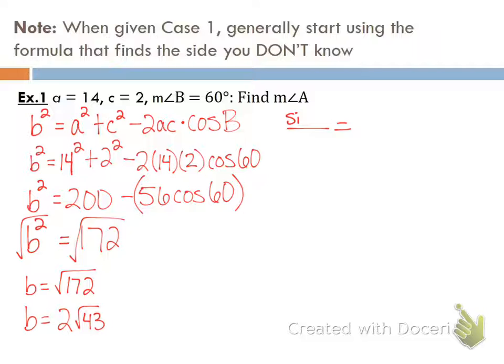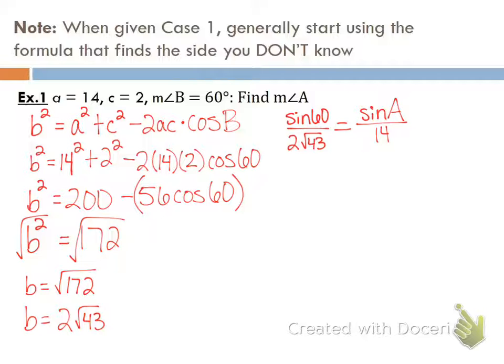So the sine of 60 over 2 root 43, or you could use root 172, is equal to sine of, which angle did we want to find? Angle A. So that would have to go over 14, the side across from it. Questions about our law of sines setup?